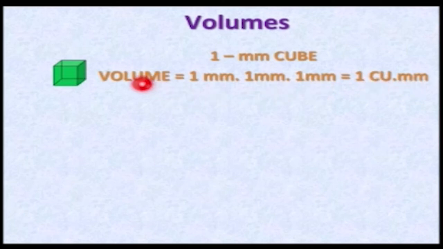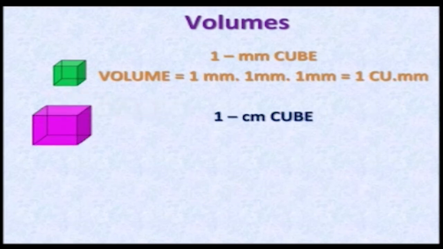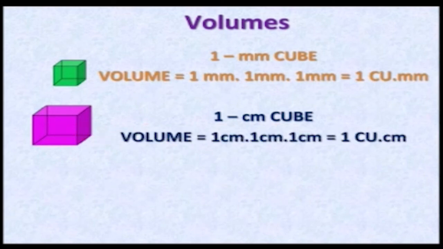Cubic millimeter. Why cubic millimeter? Because these are 3D shapes, with length, height and breadth, right? This is the smaller unit, and the bigger unit is the 1 centimeter cube. The volume of this cube is 1 centimeter into 1 centimeter into 1 centimeter, equal to 1 cubic centimeter.